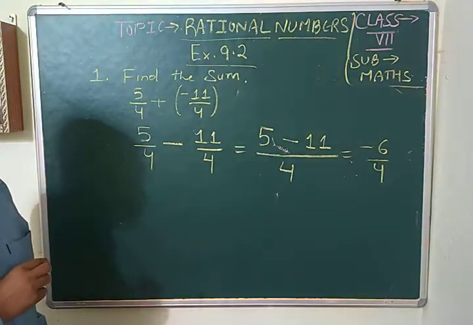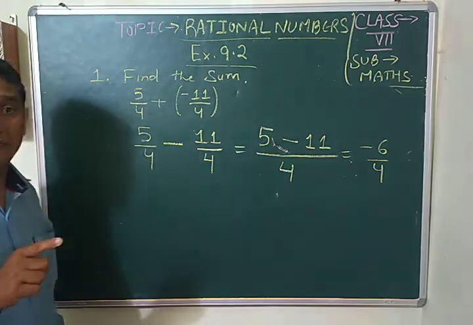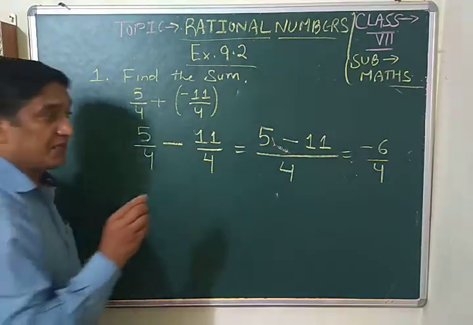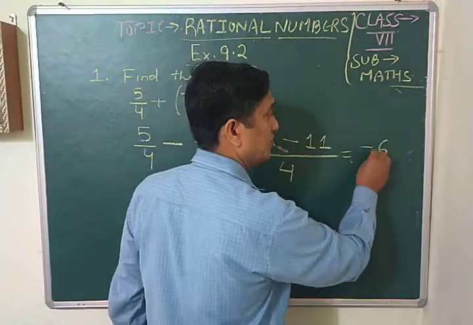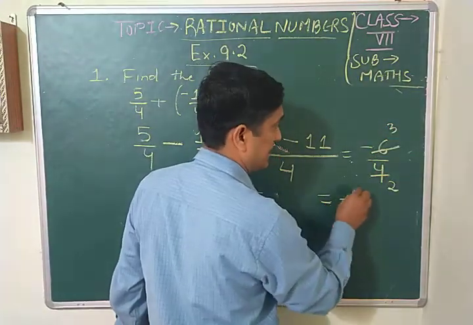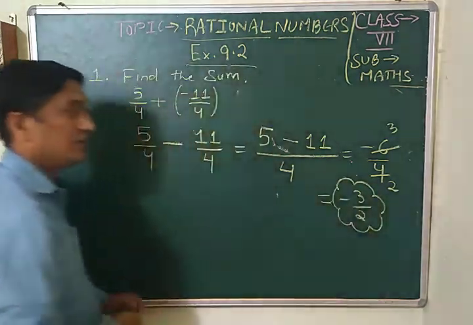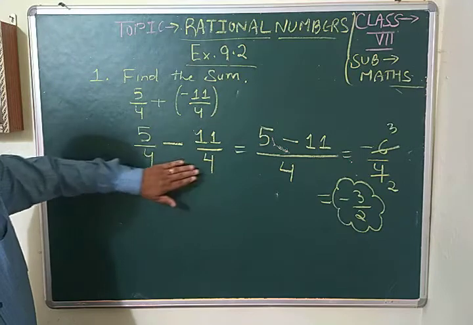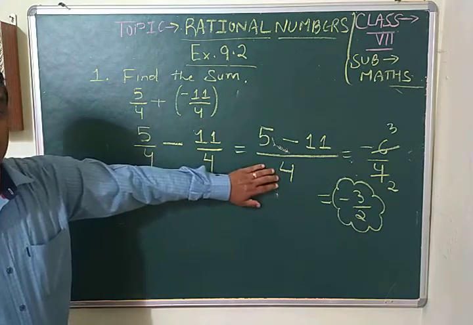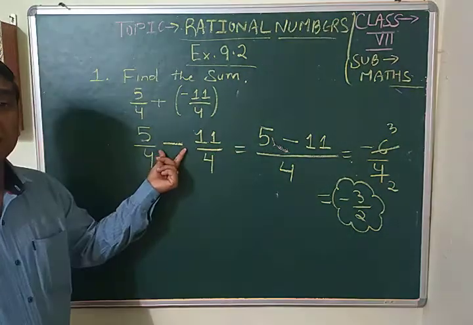Now bring this into simplest form as we learned in exercise 9.1. Both are divisible by 2. 2 3s are 6, 2 2s are 4. So the answer is minus 3 upon 2, children. You use this when the denominators are the same; then you directly add or subtract according to the sign given.